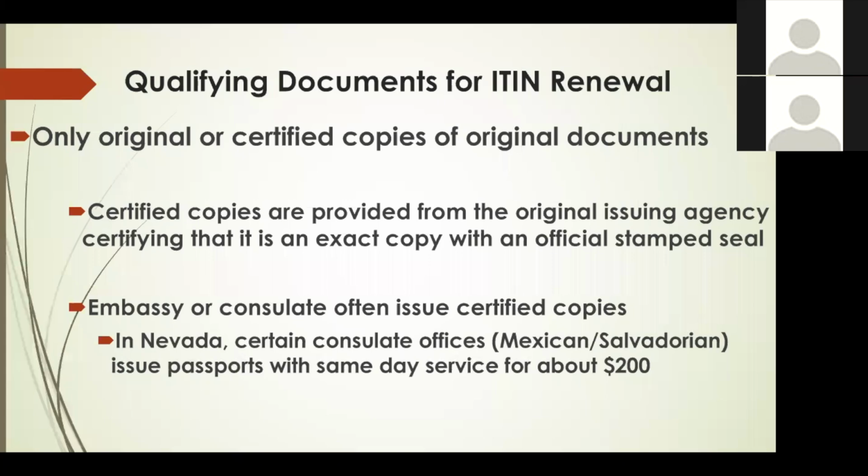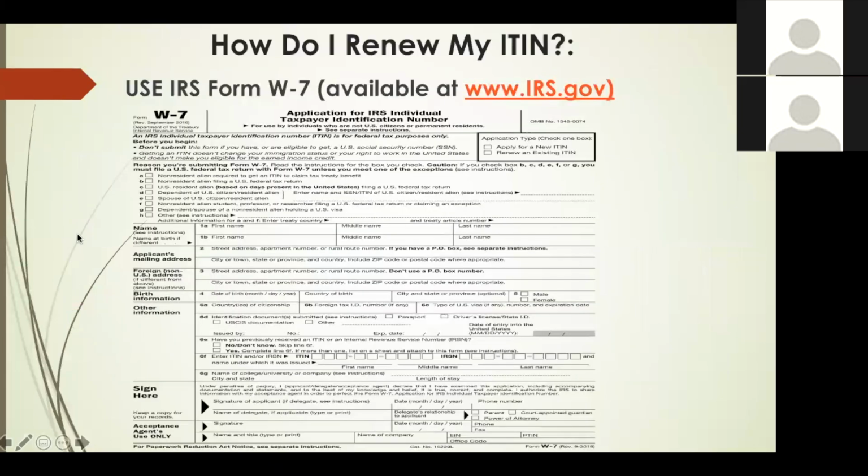On its face, this form looks very simple. Any of you out there can Google it. It's a W7, W as in walrus, number 7, and it's a one-page form that looks deceivingly simple. It basically asks for your name. Here it is.